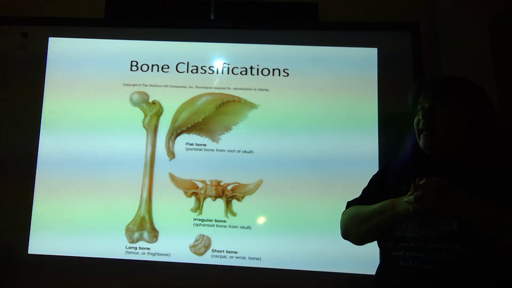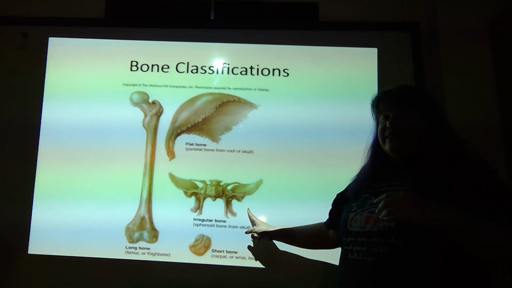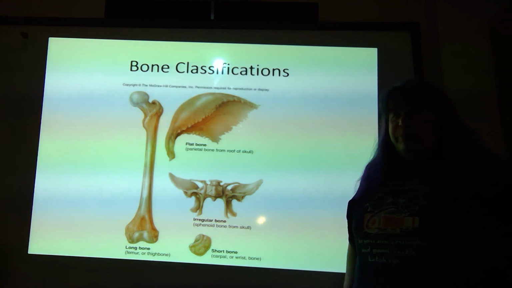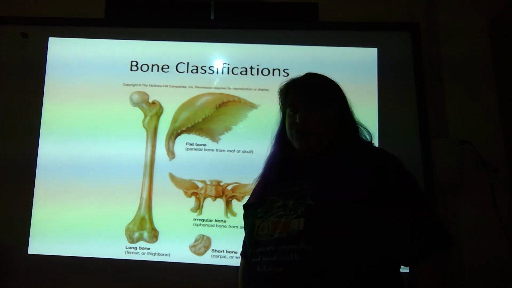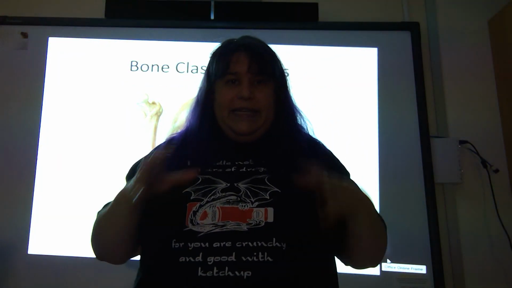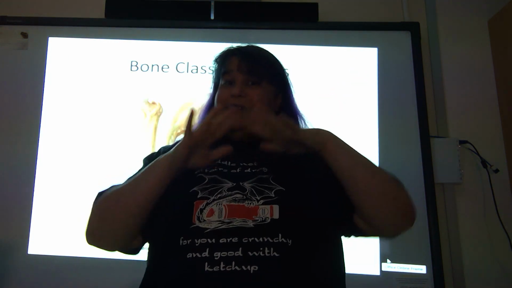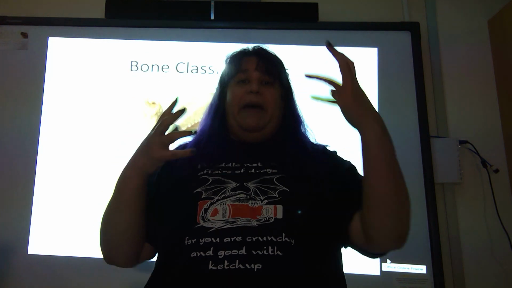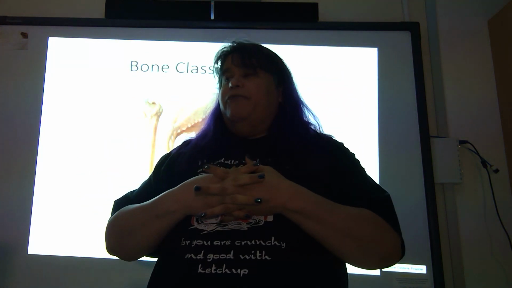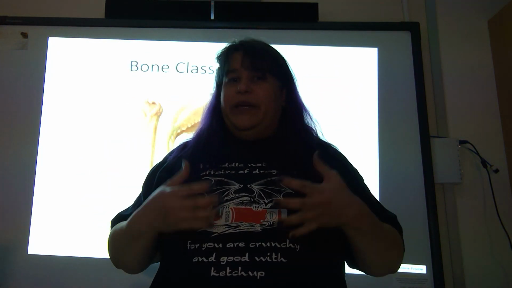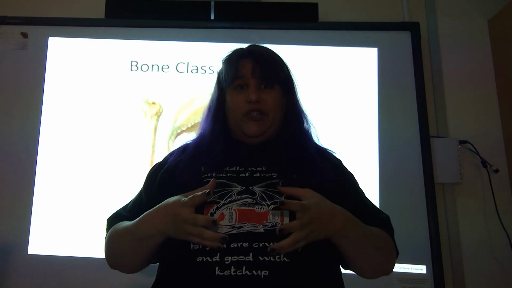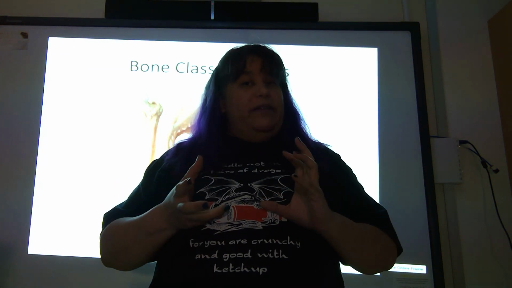And the last classification that we have is irregular. This is a bone that sits in the middle of your skull, and it is a very irregular shape. It's not long, it's not short, it's not flat, it's just an amalgam of those. Vertebrae are a really good example of that too, because they're not long, they're not flat, they're not short, but they are irregular.